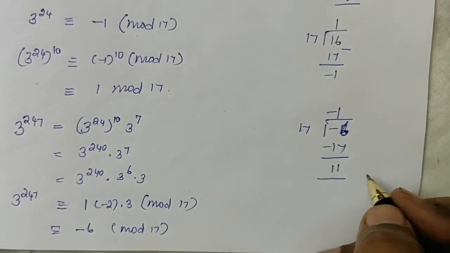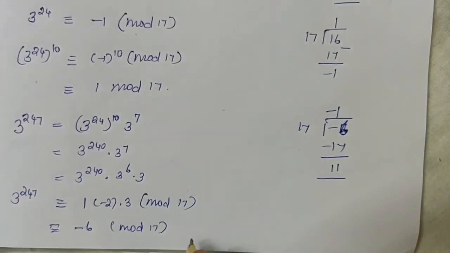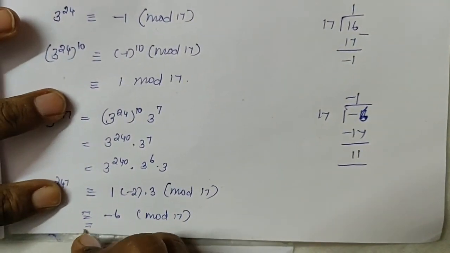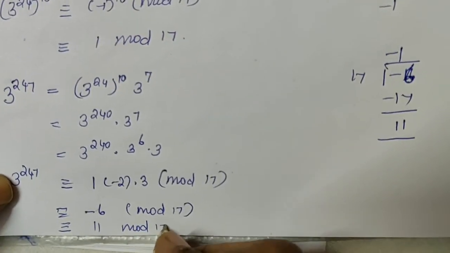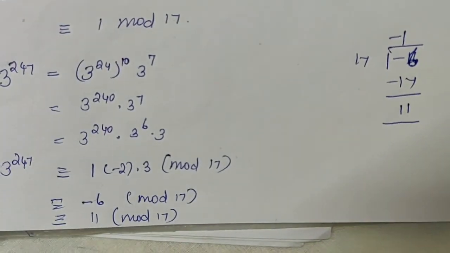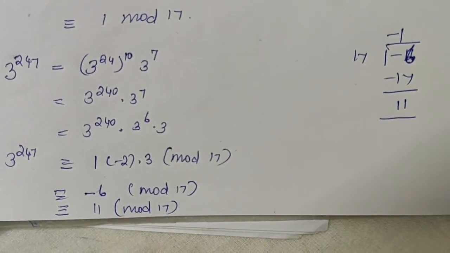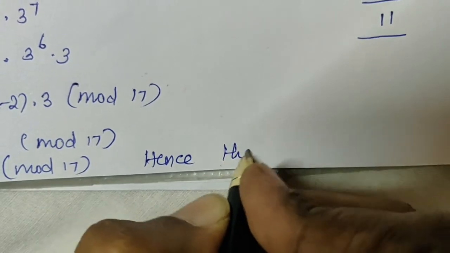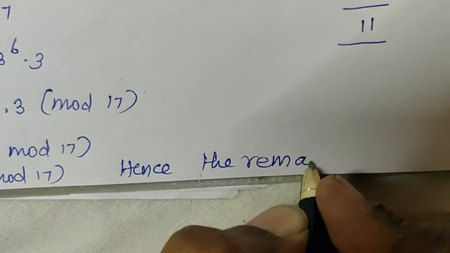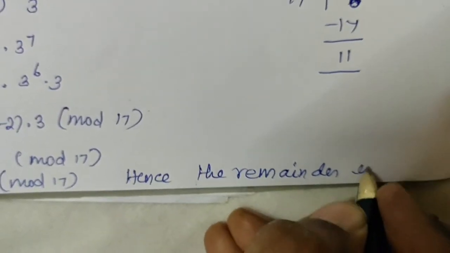So the remainder is plus 11, which may be rewritten as 11 mod 17. Hence the remainder is 11.